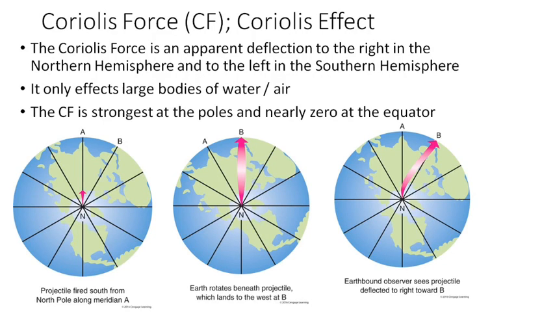An important feature of it is this apparent deflection or apparent spin is strongest near the poles, and it peters out to zero at the equator, which has consequences for our hurricanes and such.